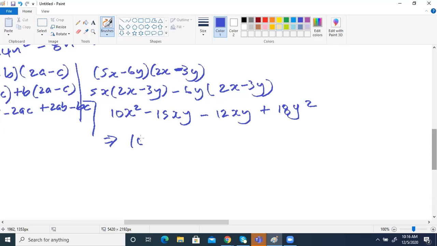So now we have 10x squared, and this simplifies to negative 27xy plus 18y squared. You guys see that? Good.